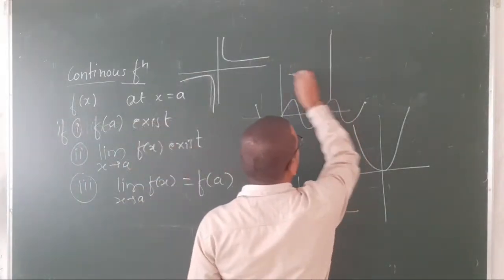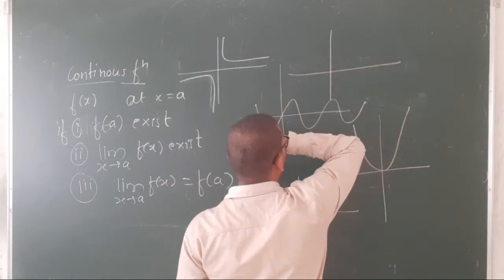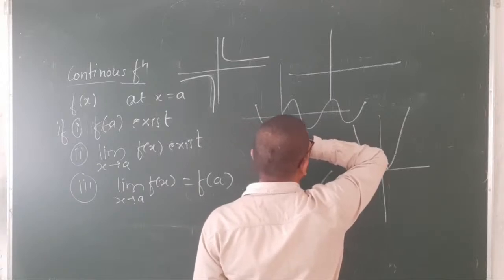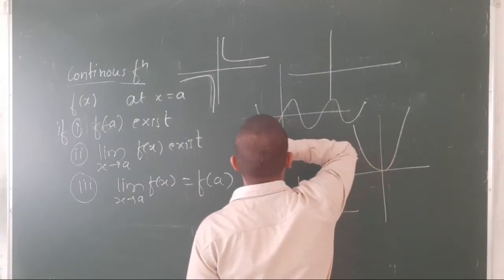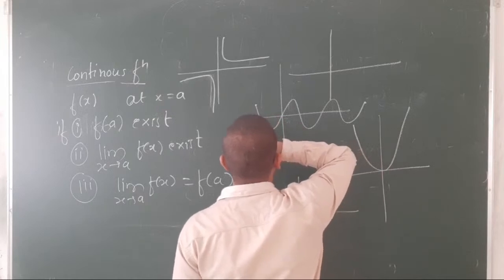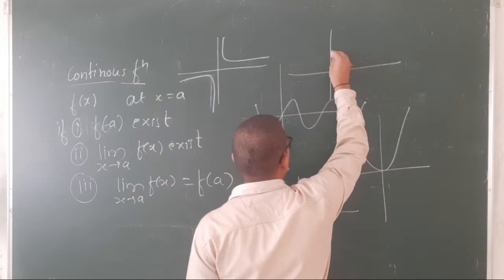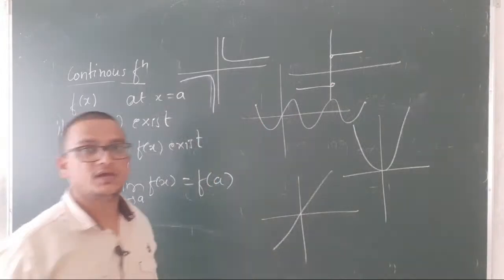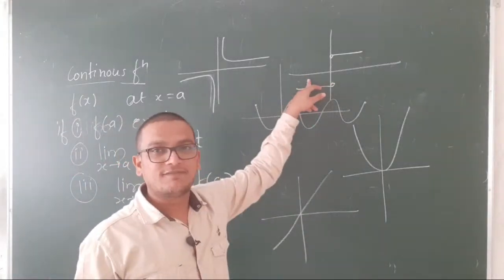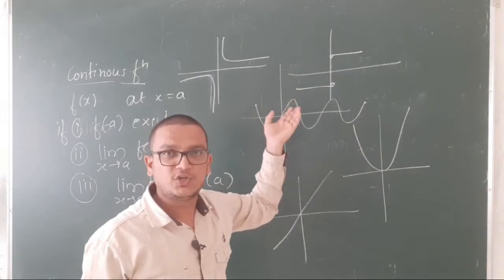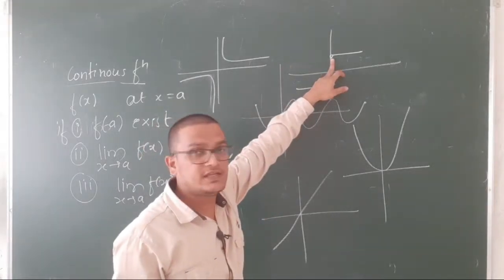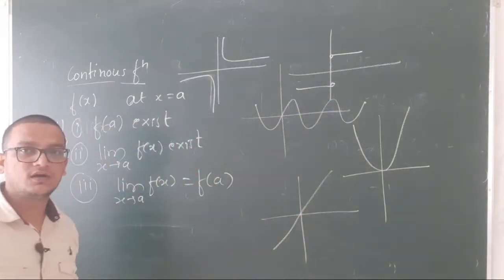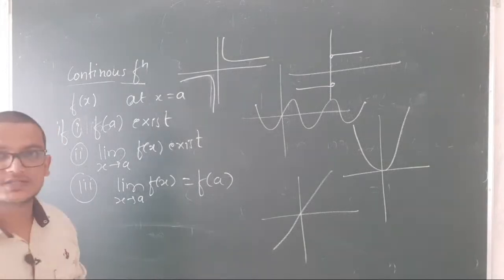Similarly, if I take this one, this is the signum function. This is also discontinuous, because I drew one line here, lifted the hand, and drew another line here. There is a breakage in the curve, so it is a discontinuous function.